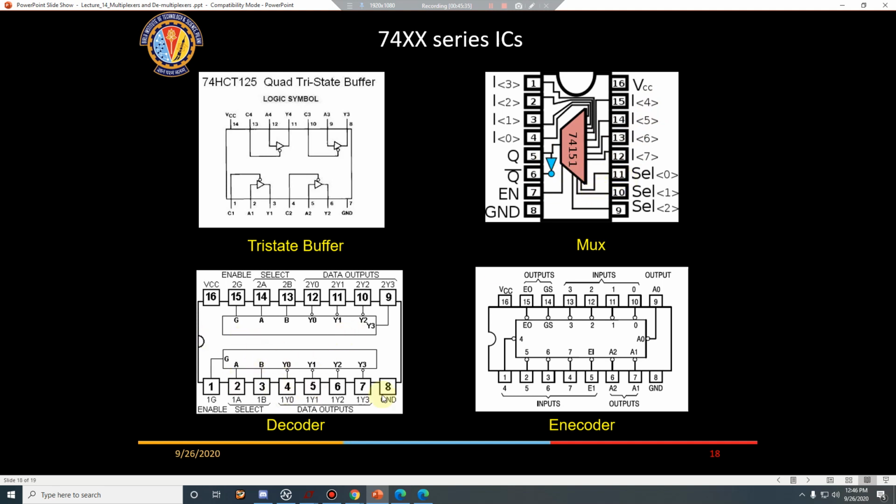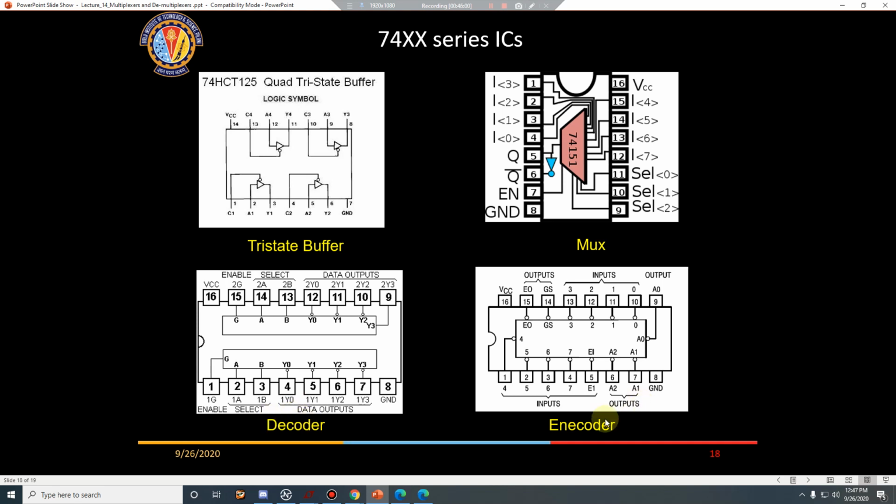Similarly, you can have decoders. These are decoders, and the decoder IC number is probably written here. Is it written? Okay, it's not captured here. Similarly, you have an encoder also. I forgot these IC numbers, maybe I cropped a little more.